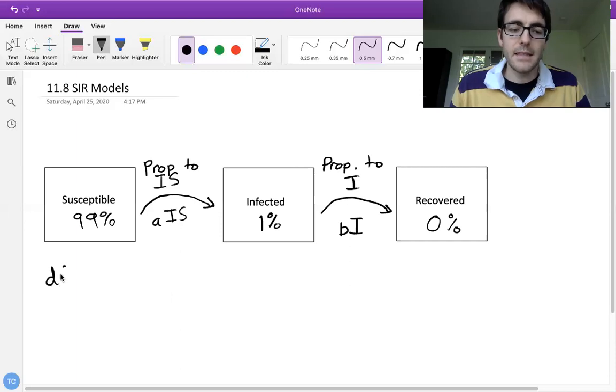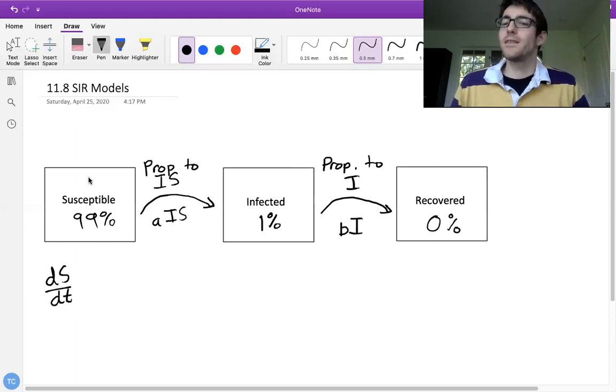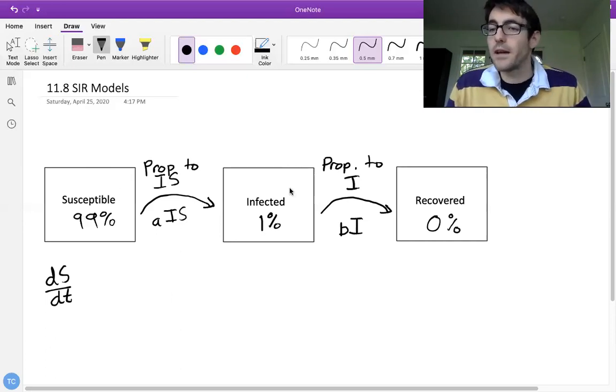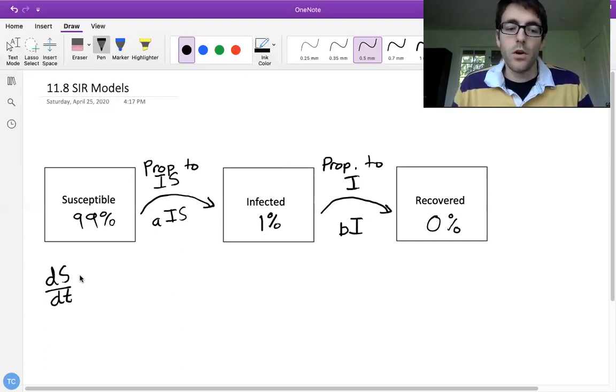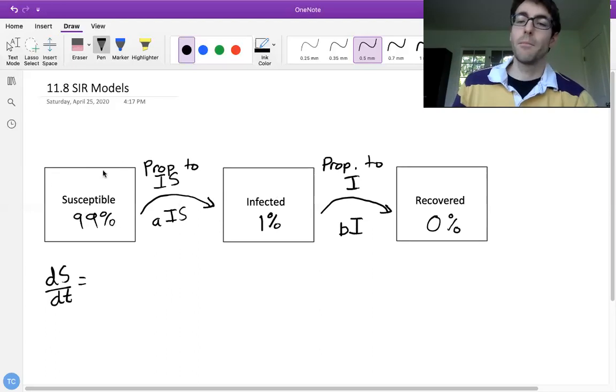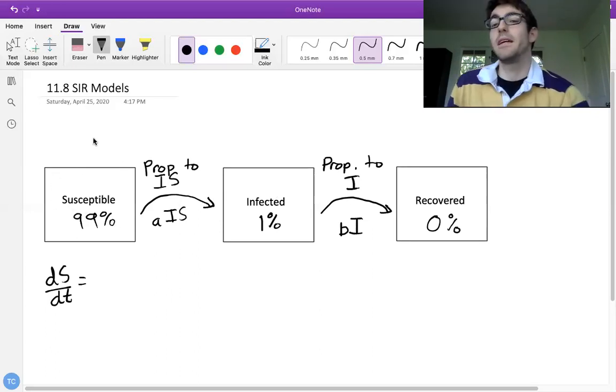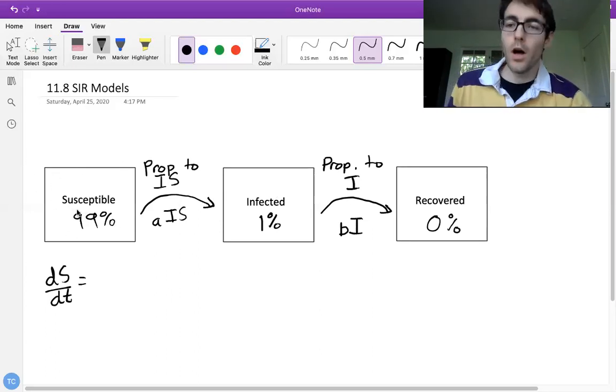Well, dS/dt. How does this number, the number of people in this first group, change? Well, it changes when people leave this group for the second group. So whenever that happens, that's going to decrease the number of people who are susceptible. When somebody gets sick, then they're no longer susceptible.